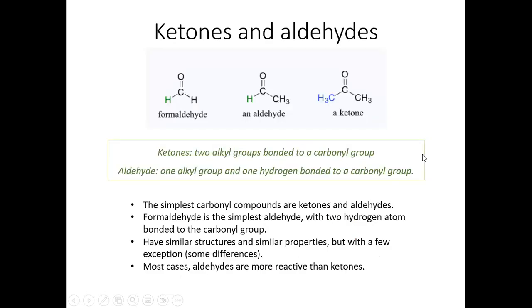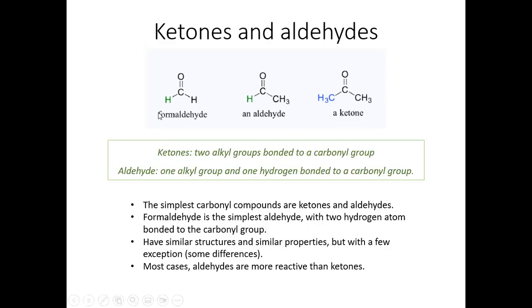Right, so we look at ketones and aldehydes. We know ketones have two alkyl groups bonded to a carbonyl group, right? And aldehydes have only one alkyl group. The simplest carbonyl compounds are ketones and aldehydes.